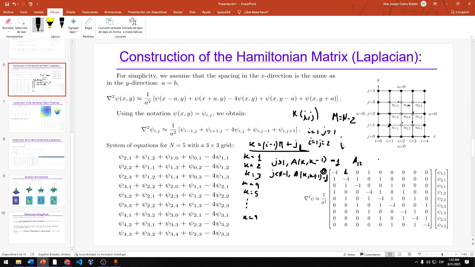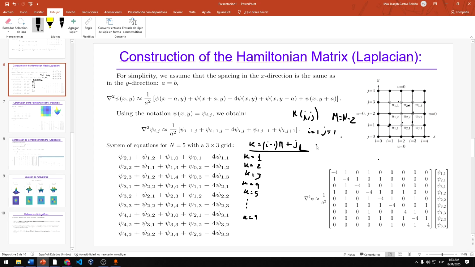Ahora vamos a I igual a 1, pero con J igual a 3. Ok, empezamos con este ejemplo: I igual a 1 y J igual a 1.